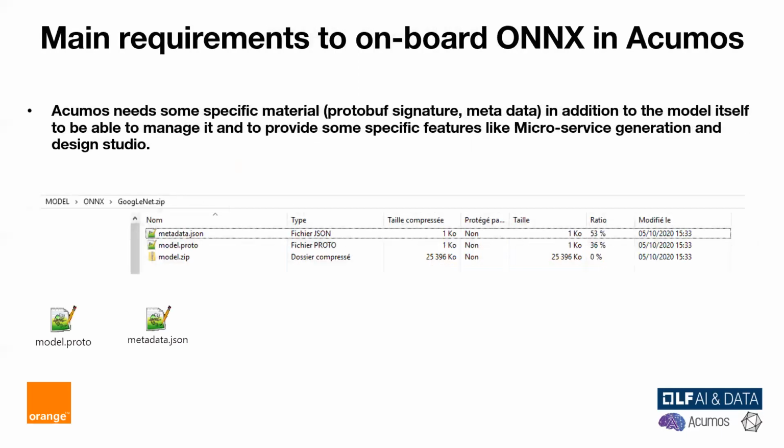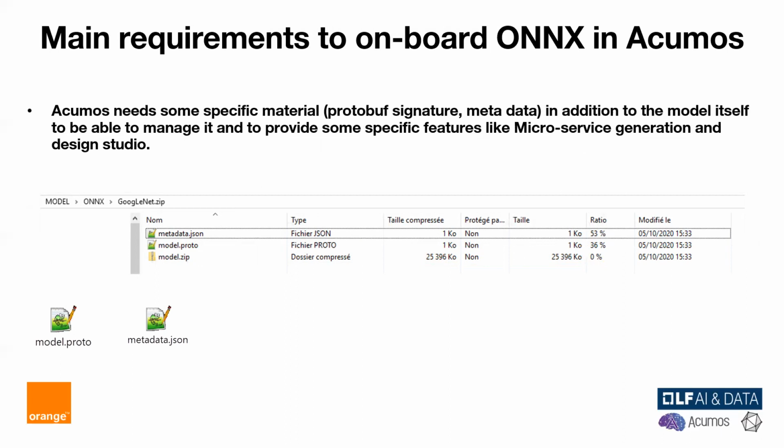So what are the main requirements to onboard the ONNX model in Acumos? You must create some specific materials required by Acumos, like a protobuf signature to be able to send and receive data to and from the serving model.